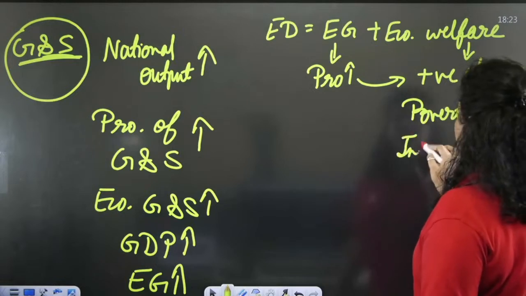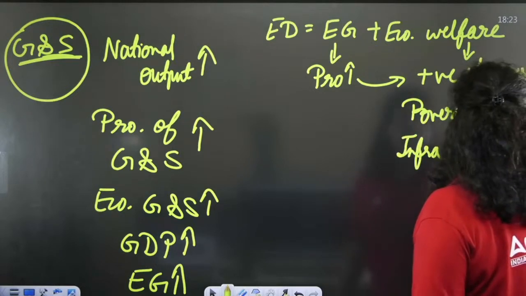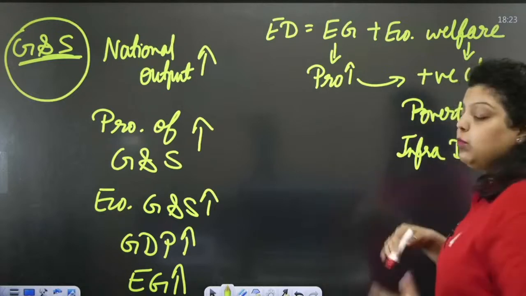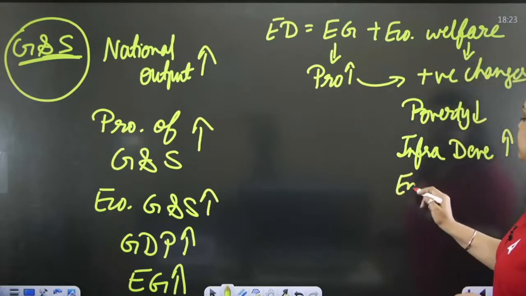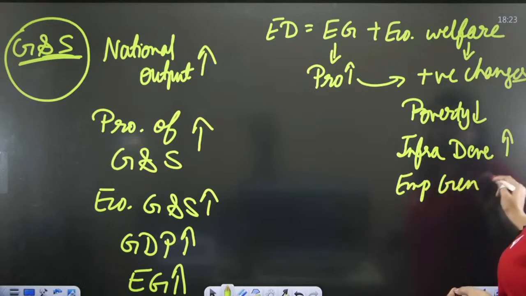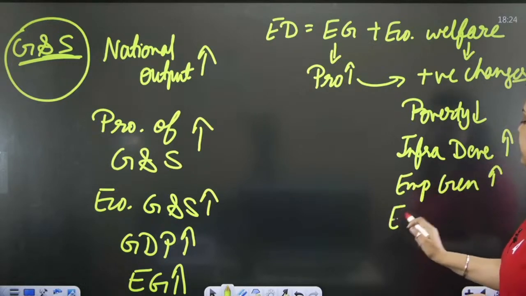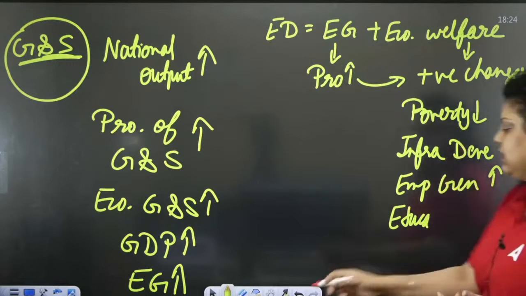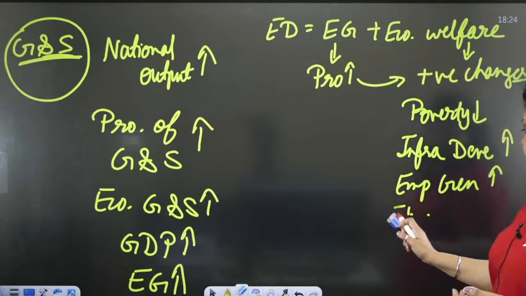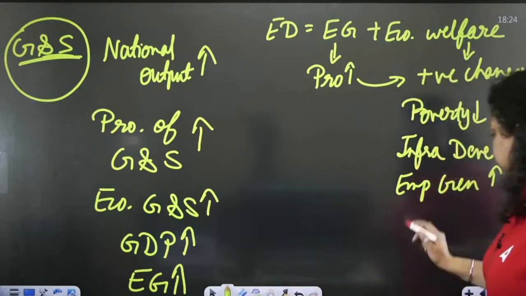Infrastructure development increased: roads, buildings, etc. are available in a greater and better way. Employment generation is increasing. The education level, or literacy rate, is increasing.